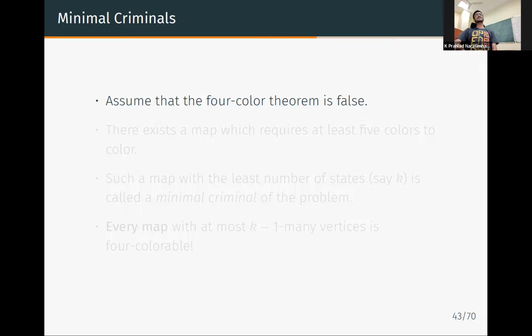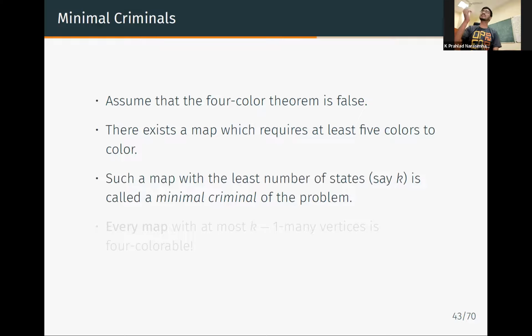Now we look at this concept of minimal criminal. So assume that the 4-color theorem is false, right? What does it mean? That means that there exists a map which requires at least 5 colors. And because there exists such a map, there exists a map with the least amount of states. Let's say there are k many states in this minimal map.